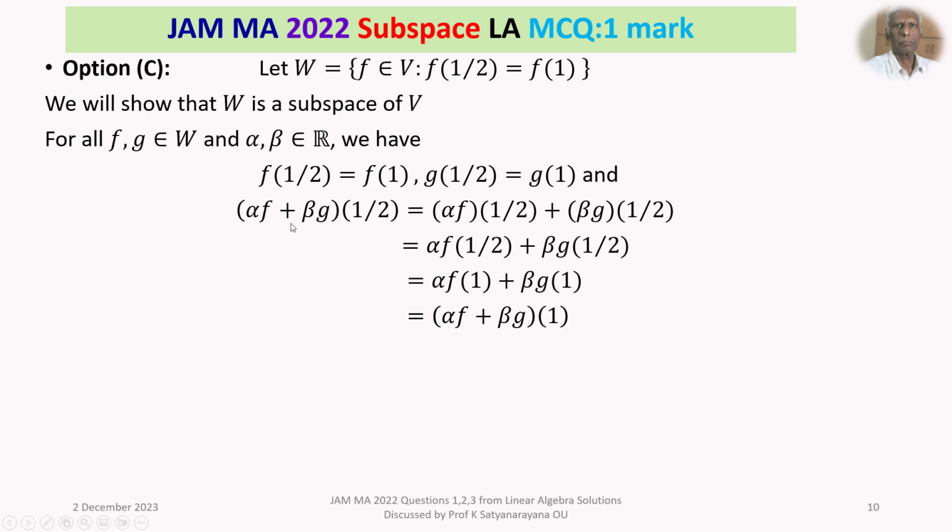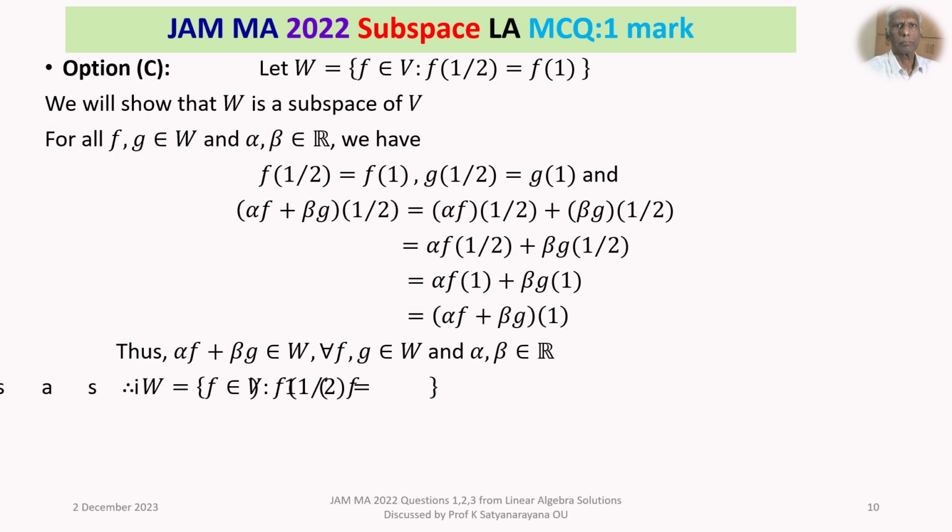Thus alpha f plus beta g at 1 by 2 is equal to alpha f plus beta g at 1. Therefore, alpha f plus beta g belongs to W, for all f, g belonging to W and all alpha, beta belonging to R. That is precisely the necessary and sufficient condition for a non-empty subset to be a subspace. Thus, W is a subspace of V. Therefore, option C is true.